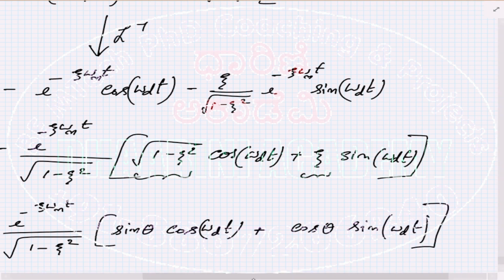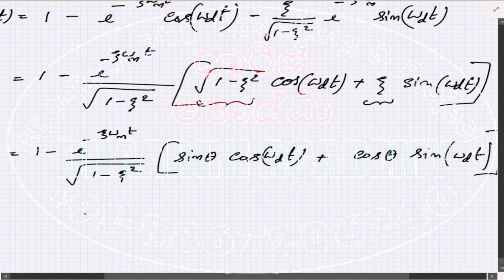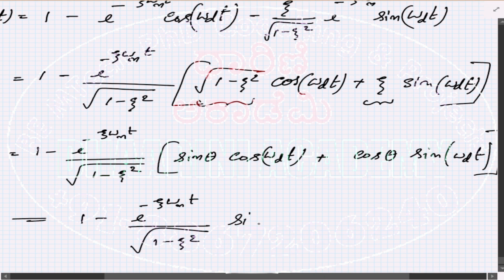So sine a cos b plus cos a sine b is sine of a plus b. Directly I can write that now. So this is equal to 1 minus e to the power minus zeta omega n t whole divided by root of 1 minus zeta square into sine of omega d t.